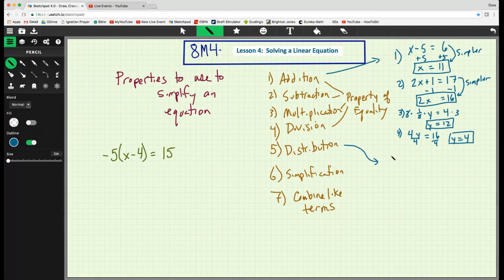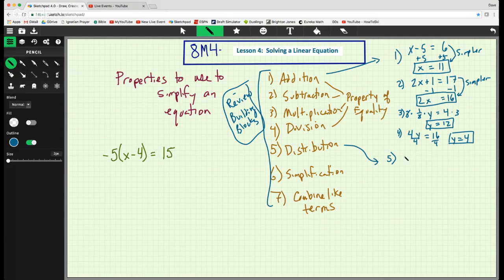Distribution. This should be a reminder. We've done all this before. These are all building blocks. This is review. These properties have been learned before in 6th and 7th grade.